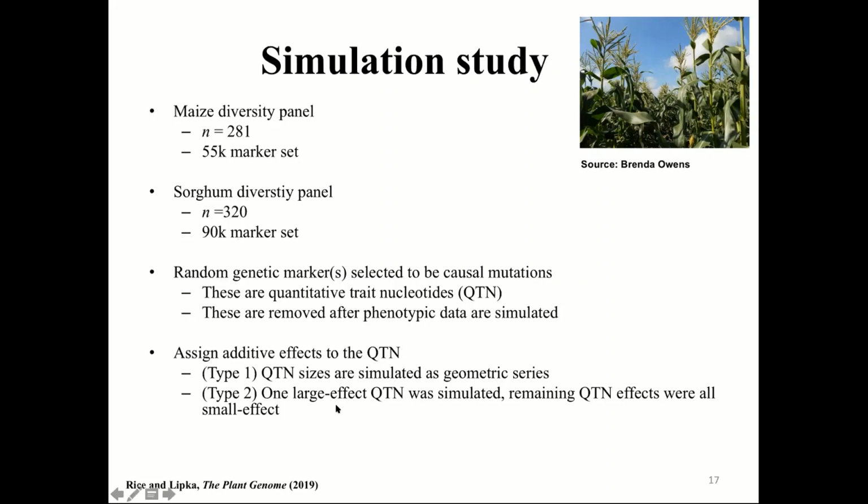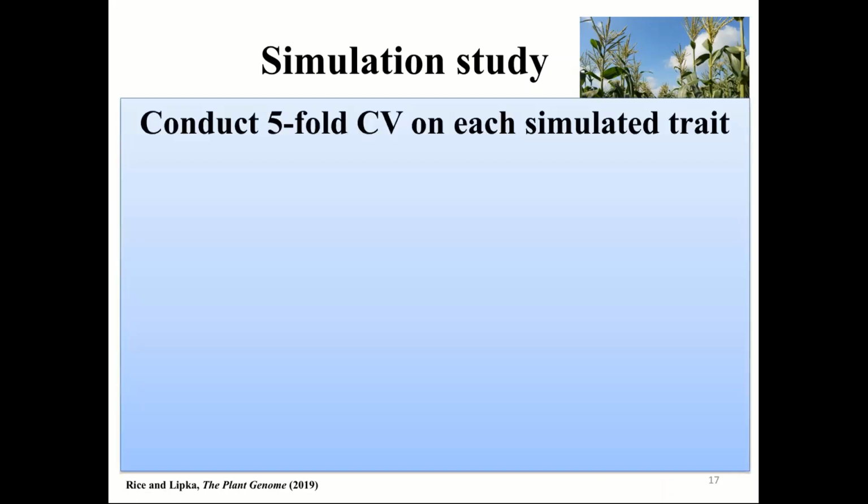And then our second type was the genetic architecture that we hypothesized that including these fixed effect covariates could boost prediction accuracy, namely where we had one large effect QTN and then a whole bunch of really small effect QTNs. And then a user inputted their selected narrow sense heritability, and we obtained our simulated trait values accordingly.